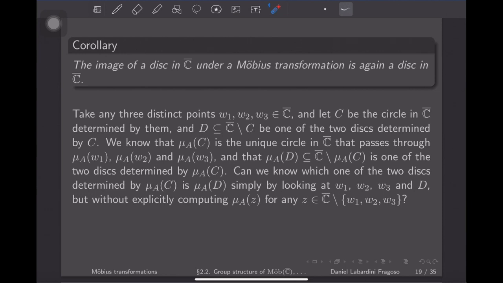Which one of the two? How do I determine it? Of course, you can say, well, take any point inside and evaluate, and that way you are going to know. Sure. But I would like to solve the question in a more combinatorial way.